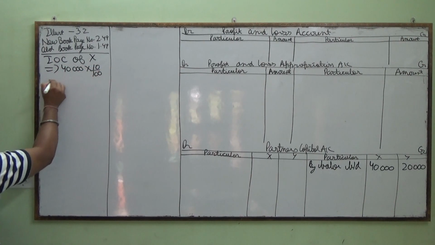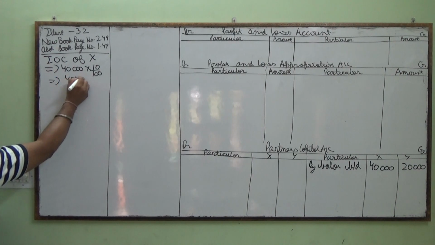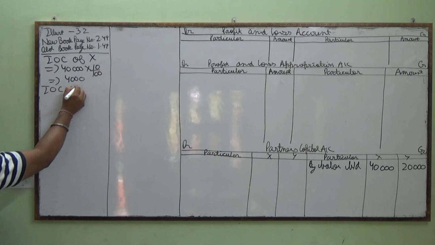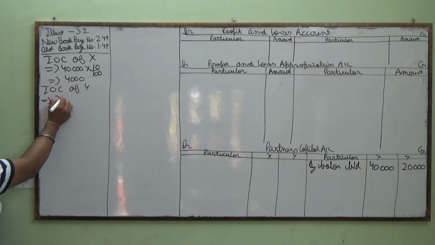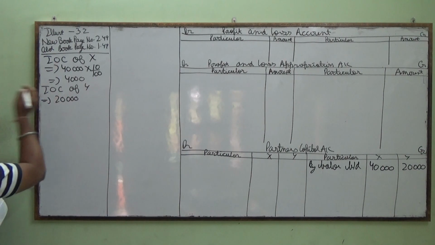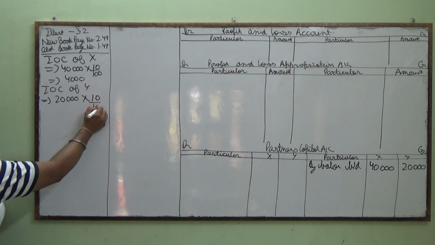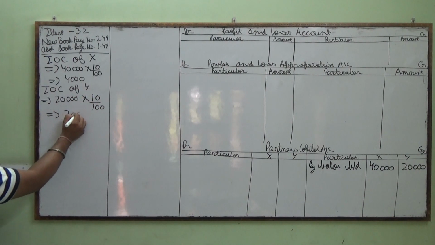So 10% of 40,000 is 4,000. And for Y, capital is 20,000 and rate of interest is 10%, so 10% of 20,000 is 2,000.